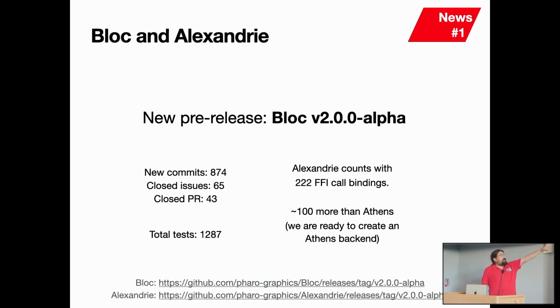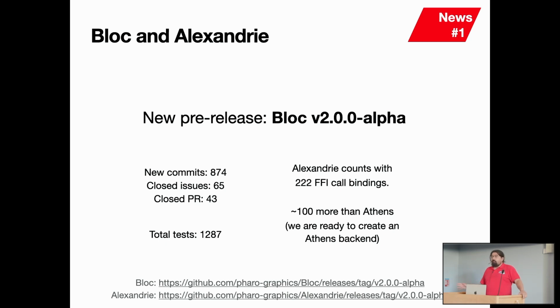We are adding more and more, exposing the completeness of the Cairo library, and we are also working to remove the old backend of Athens that was good, was working, was rendering correctly, but it was naive because it was not using all these optimization paths.